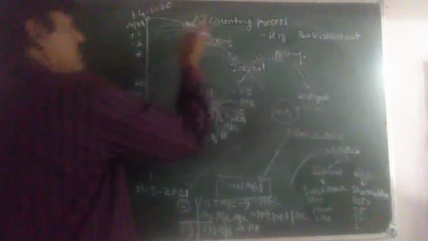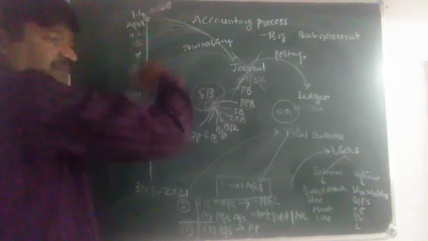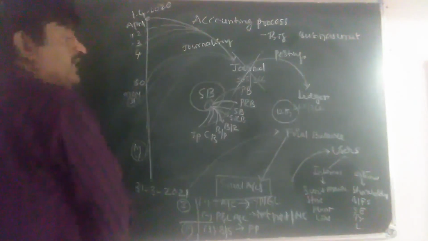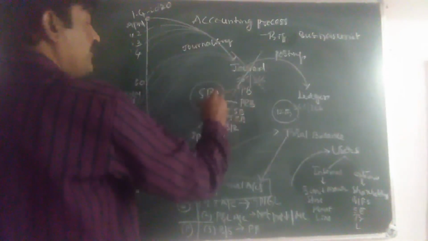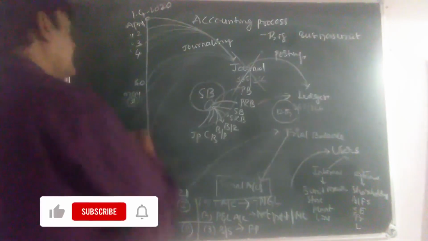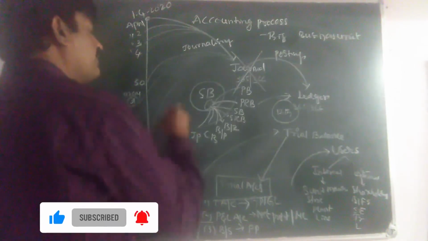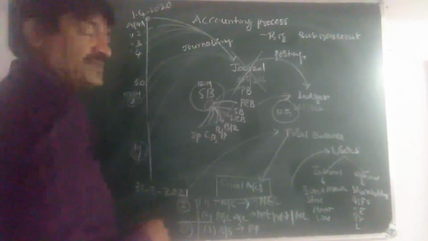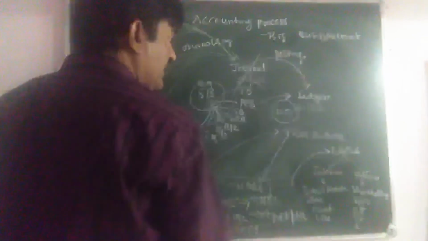So in case of a big business unit, day to day transactions we are going to record in the respective subsidiary book. After completion of every month, we are shifting to the ledger like this: April, May, June, July, like this. 12 months of transactions are recorded in subsidiary books, and 12 months of transactions are shifted to the ledger.